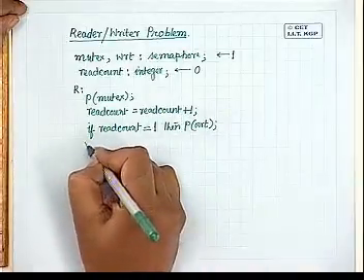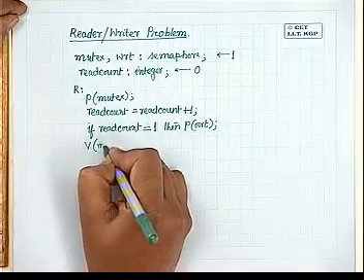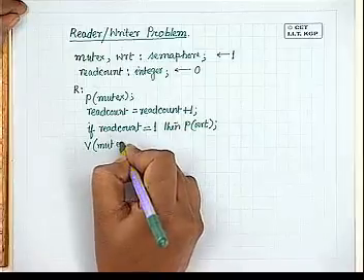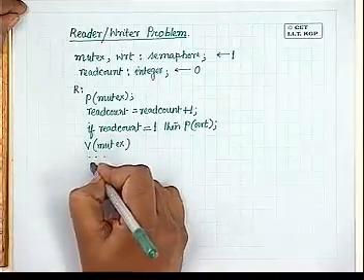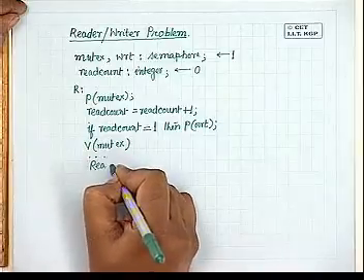Okay, then you perform V mutex. Then the reader process goes on reading the file.